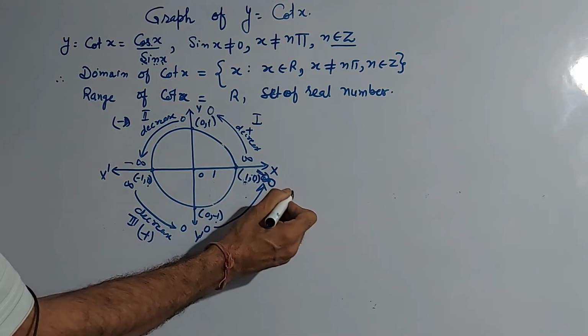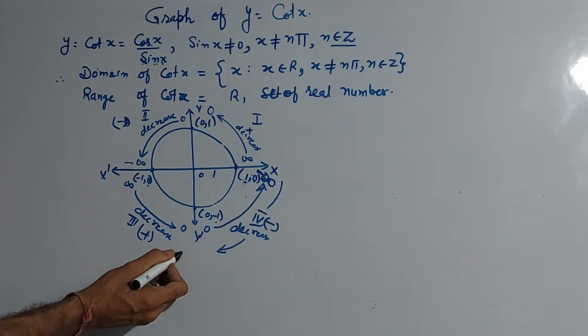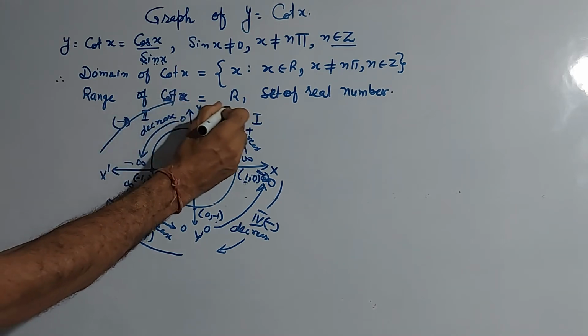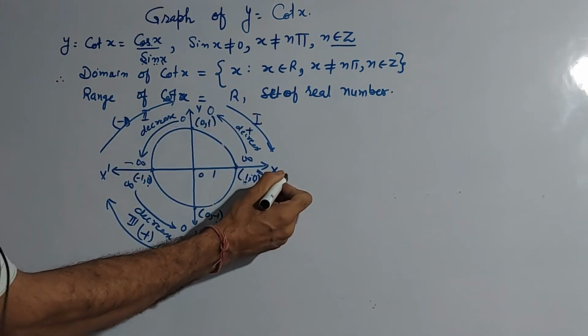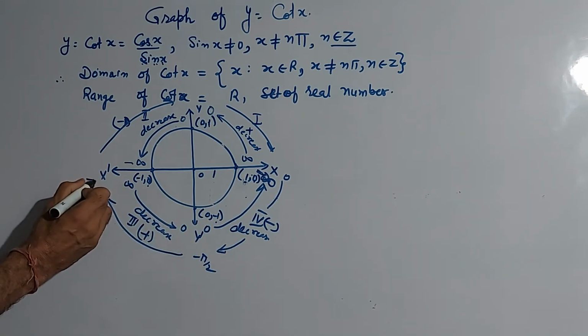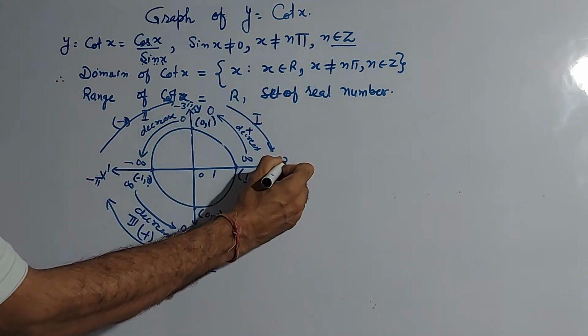Now if we go in the opposite direction, the value will increase, since the opposite of decrease is increase. This is 0, this angle will be minus pi by 2 in this direction, this will be minus pi, this will be minus 3 pi by 2 and this is minus 2 pi.